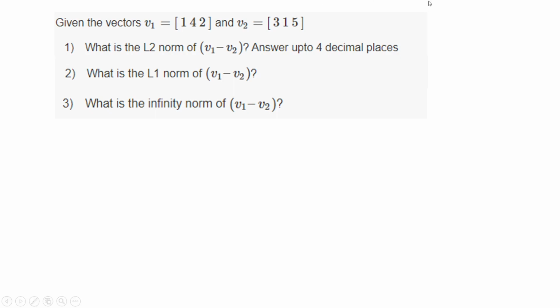You don't have to answer to 4 decimal places. 2 is enough. If you can do 4, otherwise 2 is enough.